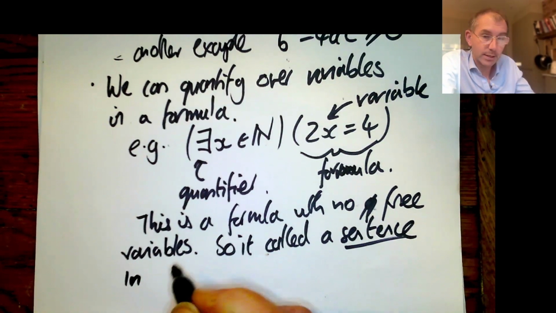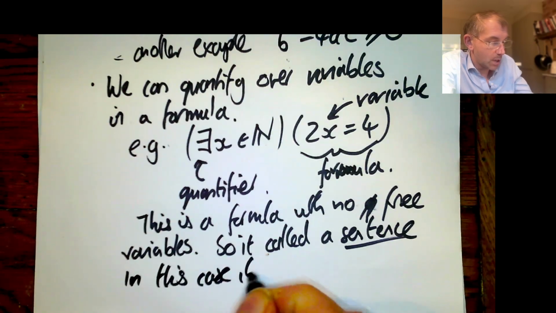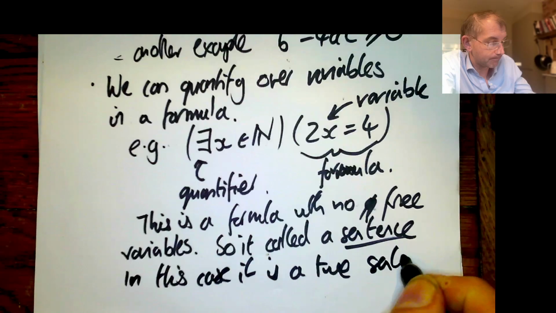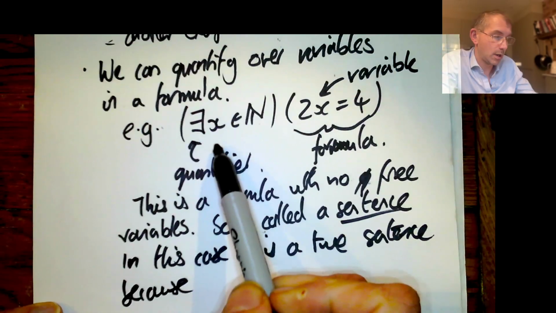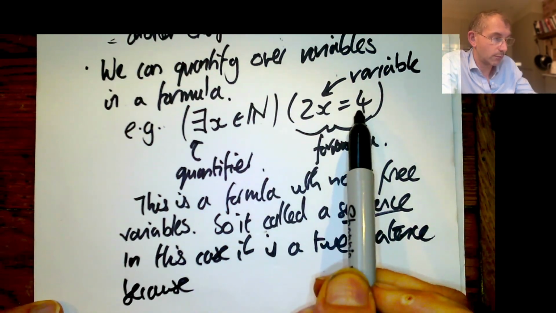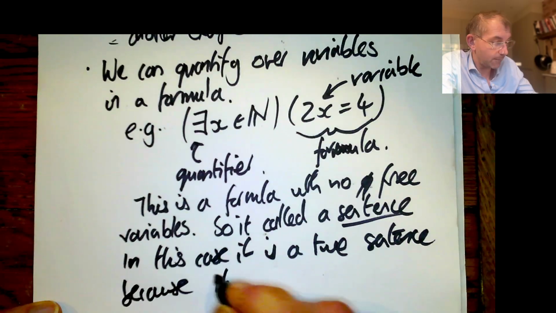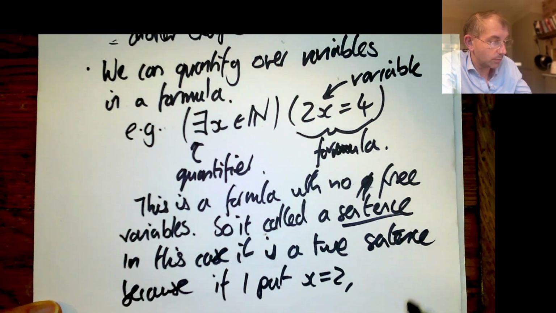In this case, it's a true sentence, because there does exist a natural number that solves this equation. Because if I put x equals 2, then the formula works.